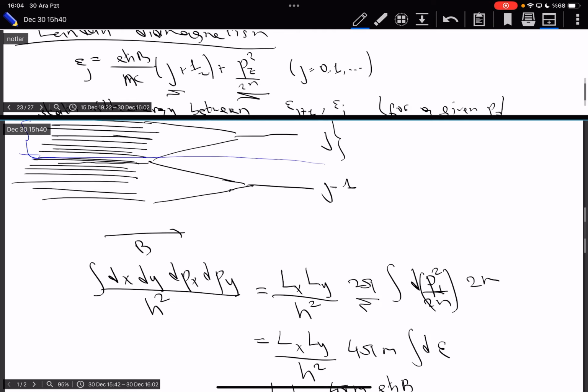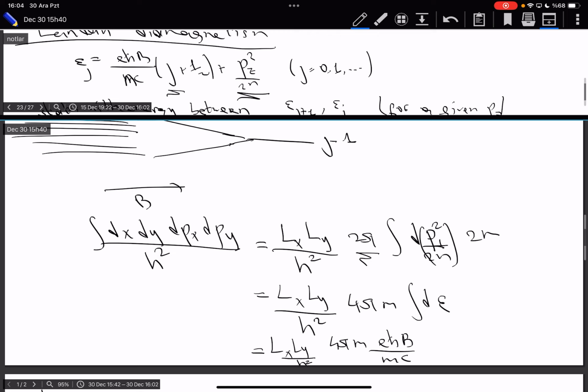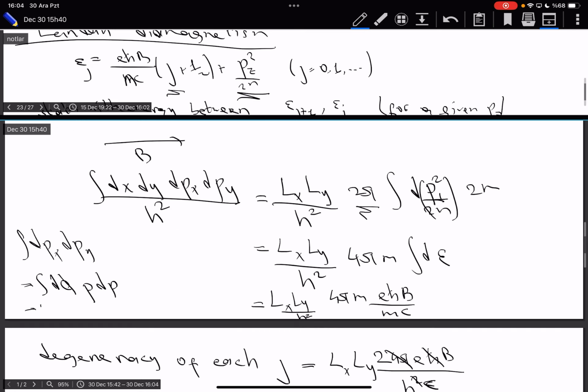Where did we get 2 pi at the beginning? Well, you see, dpx dpy is d phi p dp. Yes, now I know the problem. I wrote that as dp squared, so 2 pi dp squared over 2.